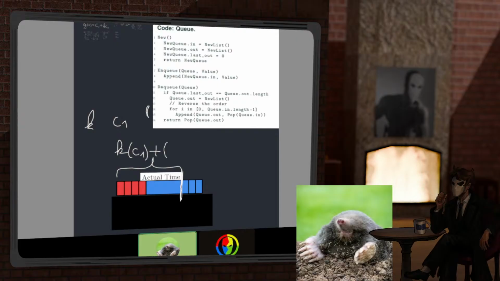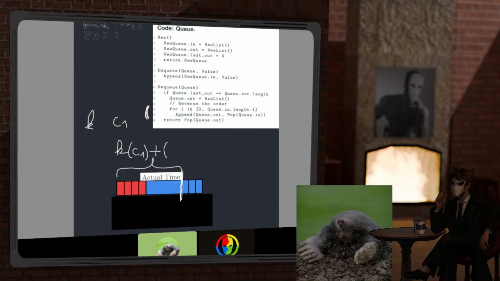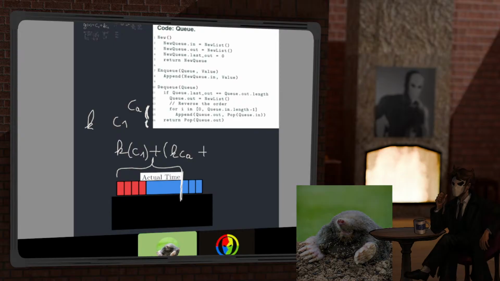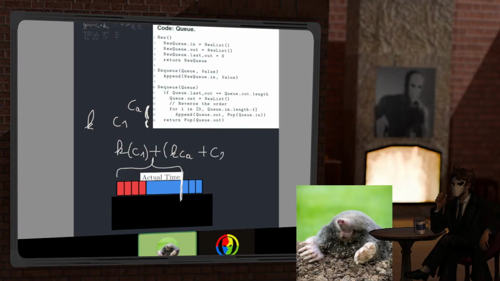This big time is coming from this loop mainly, and this loop depends on the number of previous enqueue operations, because the more values we add in the list, the longer it will take to copy them all to the output. So if we say that CA is the time one iteration of the loop takes, this will take k times CA plus the time to actually output the value, so a constant CB.